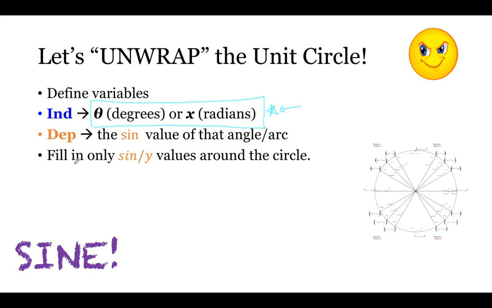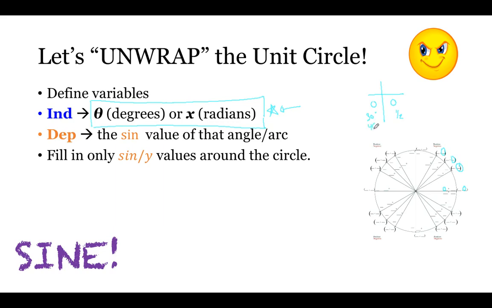So I'm not going to fill this all in, but I only care about the y values around this. So for instance, if we were working in degrees, at 0 degrees, I only care that this is 0. My input is 0, my output is 0. My input is 30, my output is 1/2.